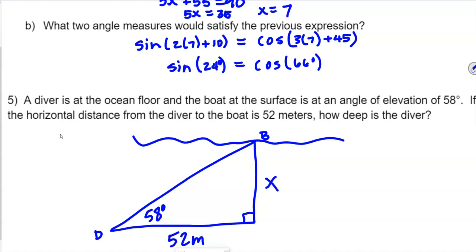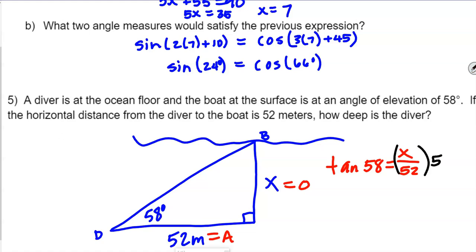Okay, so what ratio do we use here? We don't have the hypotenuse, right? So isn't this our opposite and isn't this our adjacent? And what ratio uses opposite and adjacent? Yes, tangent. So we're going to say the tangent of angle 58 is equal to x over 52. Now, how do we get rid of something that's in the denominator like that? Don't we multiply both sides by it?